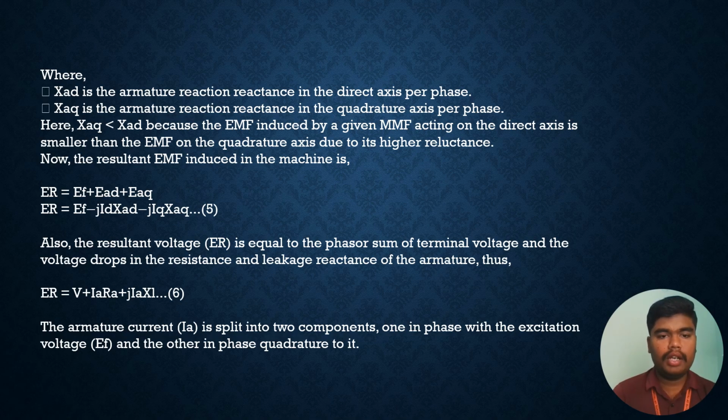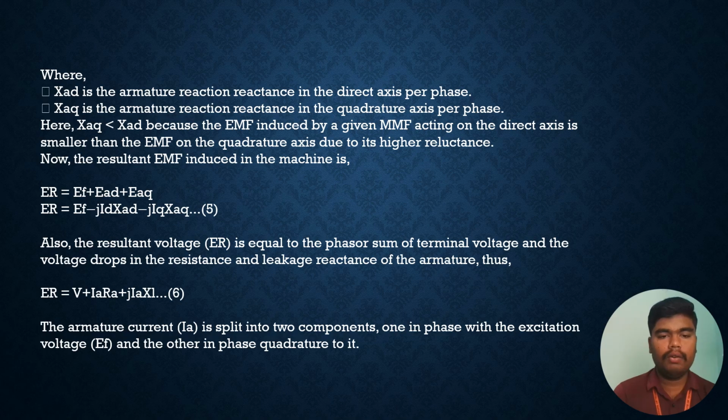Now the resultant EMF induced in the machine is ER equal to EF plus EAD plus EAQ, and the fifth equation is ER equal to EF minus jID XAD minus jIQ XAQ.